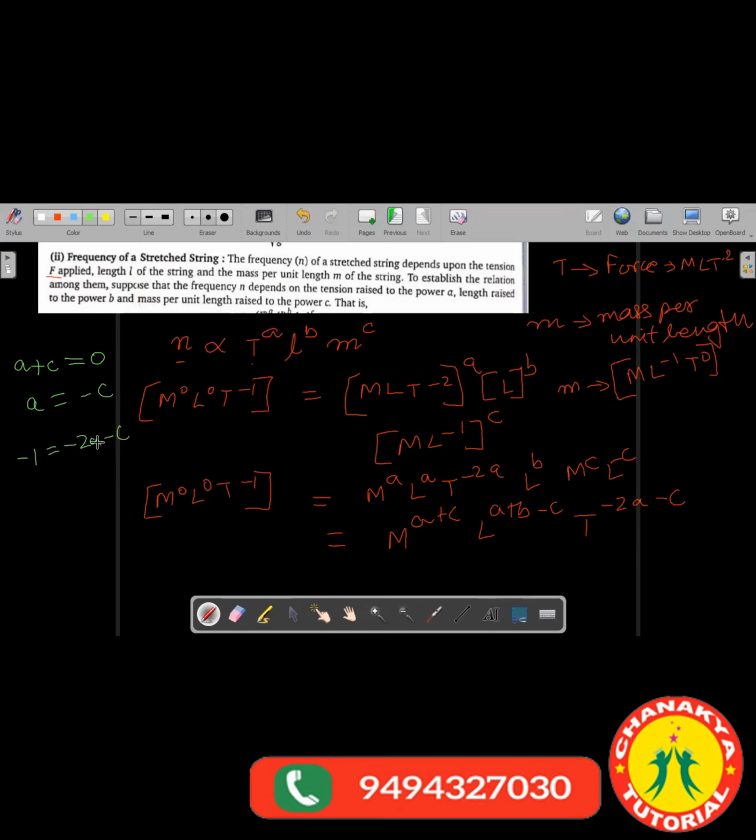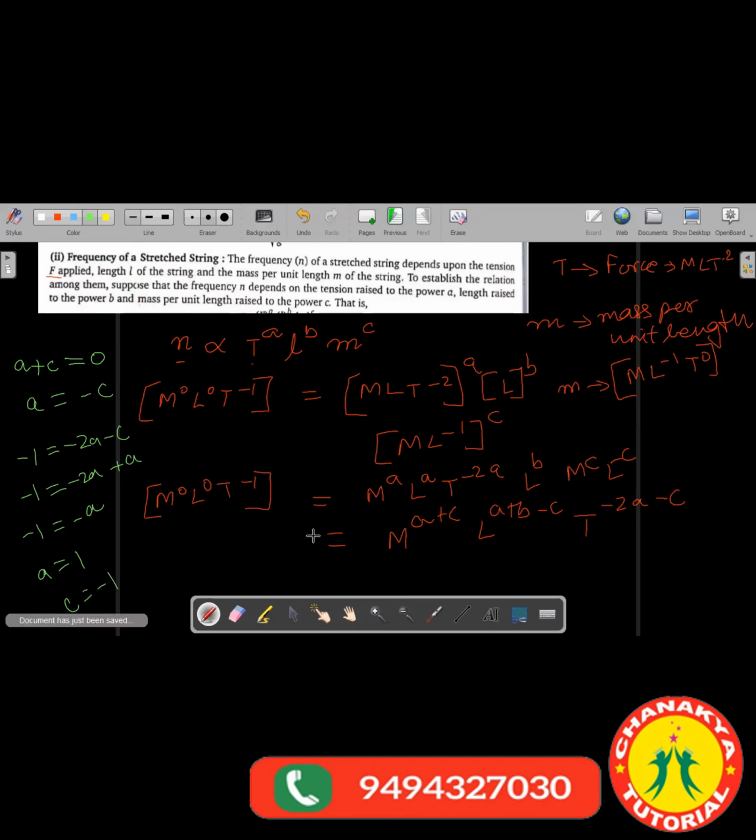Now put the value of minus C as A. So we get minus 1 equal to minus 2A plus A. So you get minus 1 equal to minus A. So A is equal to 1, and hence C should be equal to minus 1.